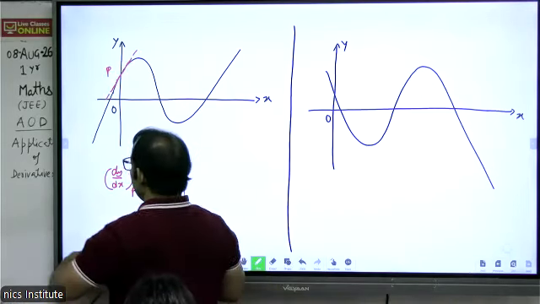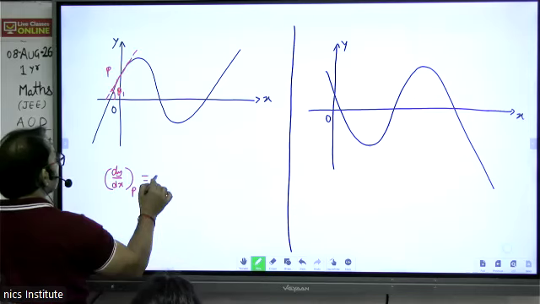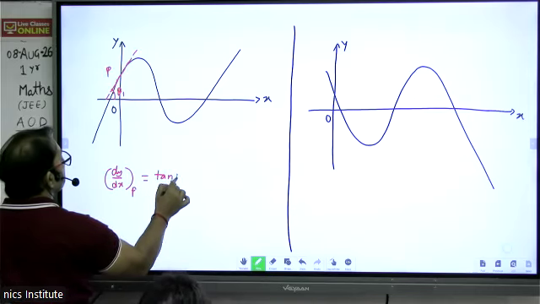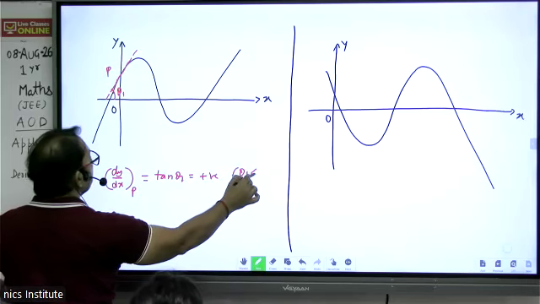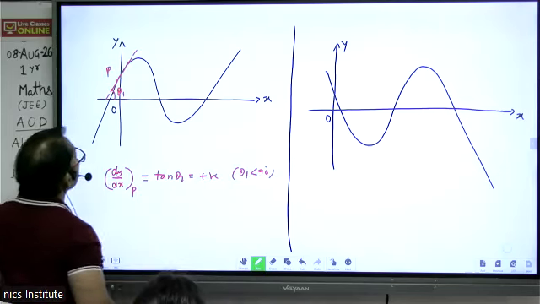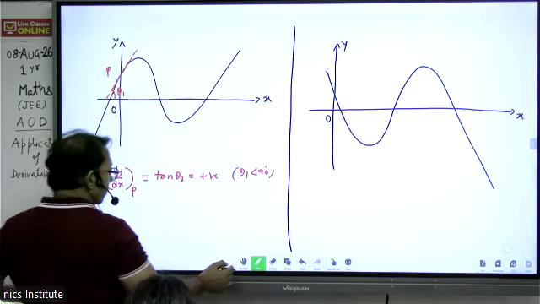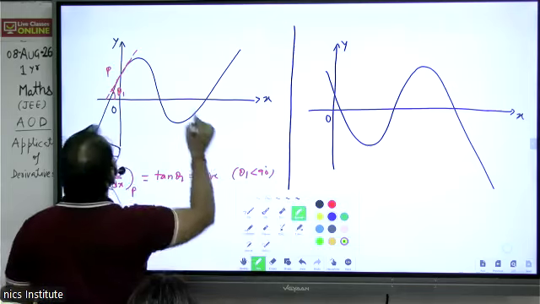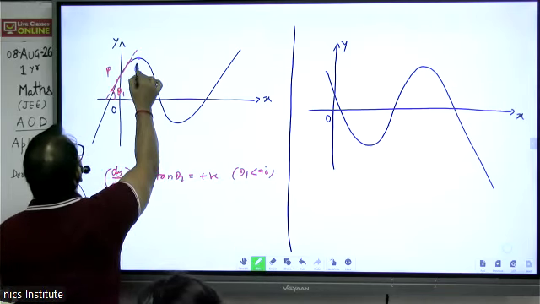This number will be positive because this tangent is making an acute angle, say theta 1. Theta 1 is less than 90, therefore it is positive. So at point P, the derivative will come out to be positive. The next point is Q over here.